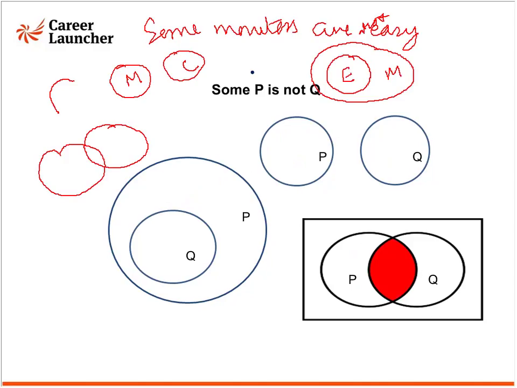Some monitors. So this is the portion of monitors that is easy. So this remaining portion, this here, some monitors are not easy. Okay.